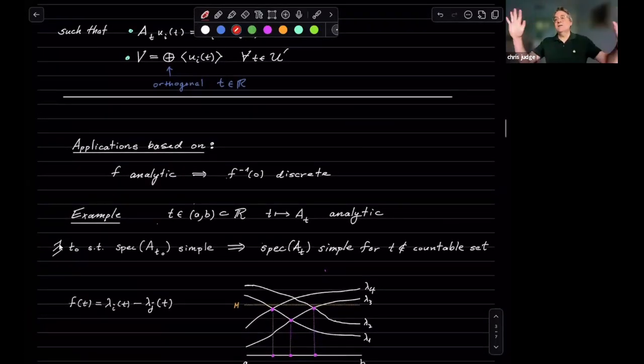Now, why is analyticity such a wonderful thing? Well, one good thing about this theorem is it tells us that the eigenfunctions will vary continuously in the parameter t. We didn't even know that in the smooth case.